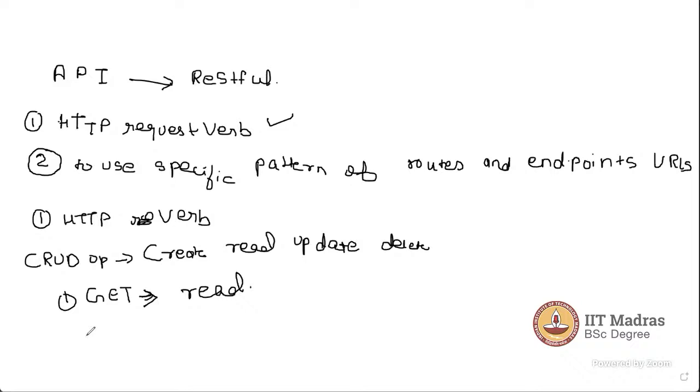They ask you to add your profile, your name, phone number, email address to that form. In that case, you are trying to create the user. This is done with the POST HTTP method.